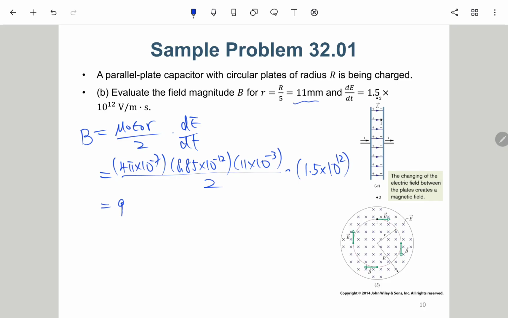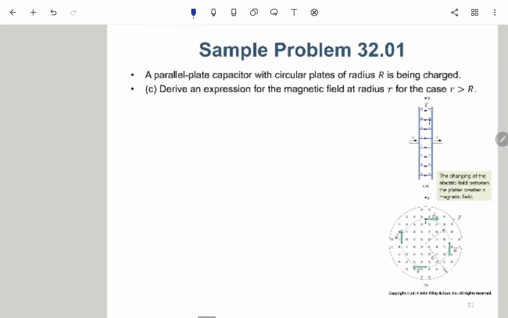So this is 9.18 times 10 to the negative 8 Tesla. This is just to plug the numbers into the expression that we derived.